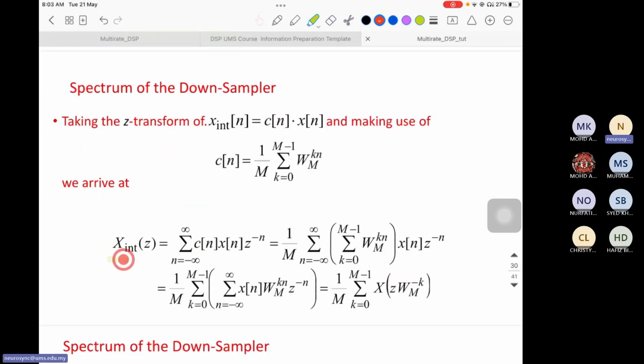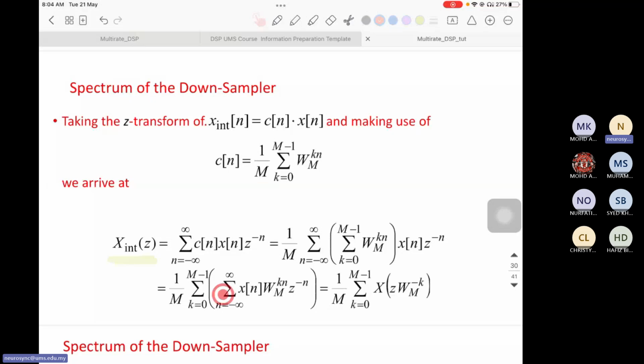Okay, now this x integer of z, I have written like this: c of n into x of n, z to the power minus n. Okay. So x integer of n, I can write like this: c of n into x of n. So what is c of n? For convenience, I can write like this: 1 by M summation of this term.